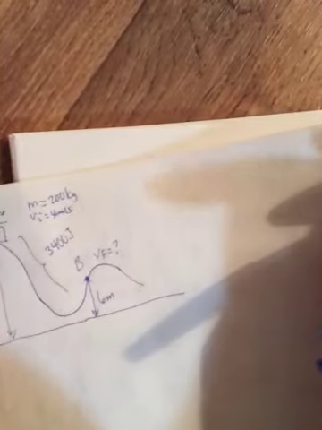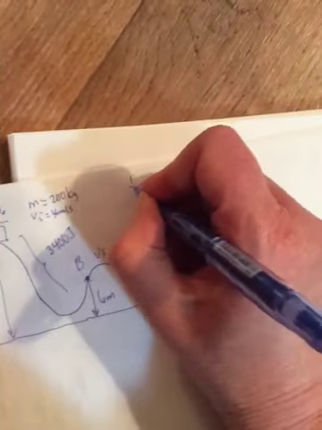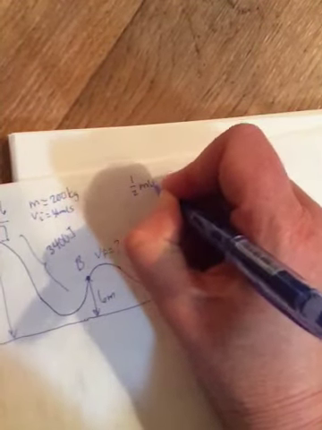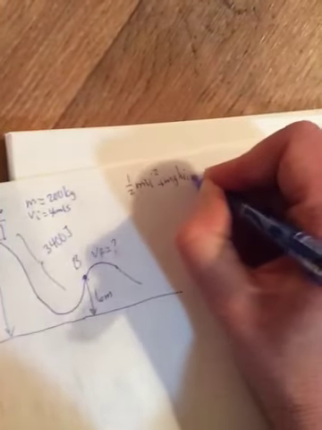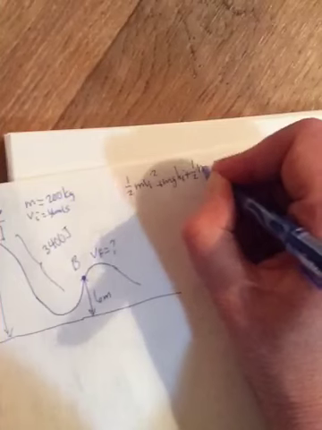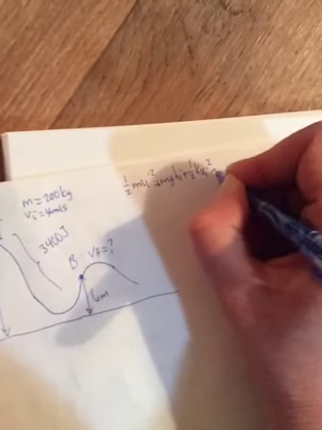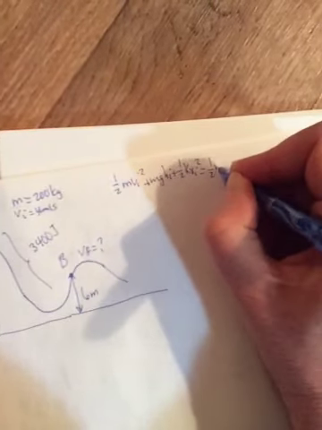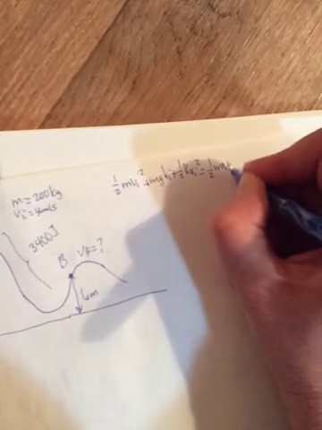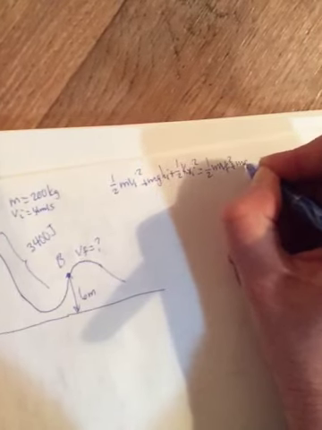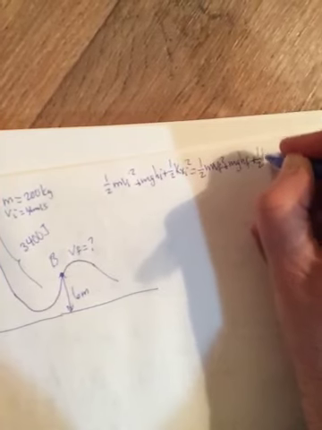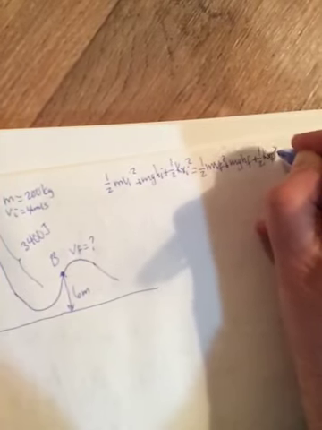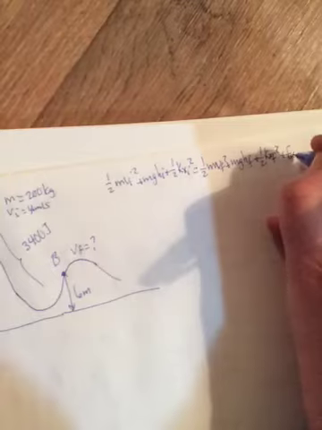Okay, and so we do 1/2 mv initial squared plus mgh initial plus 1/2 kx initial squared equals 1/2 mv final squared plus mgh final plus 1/2 kx final squared plus E lost.